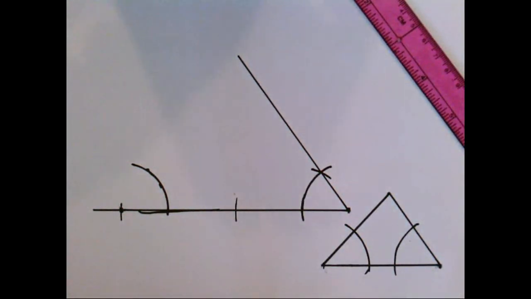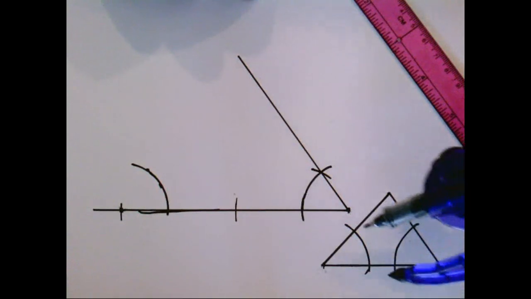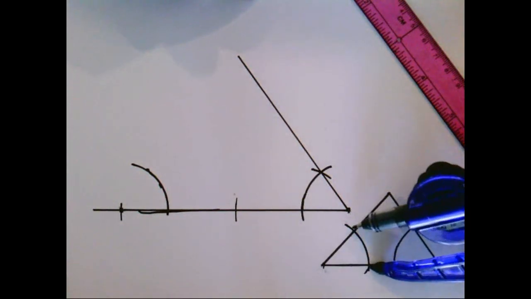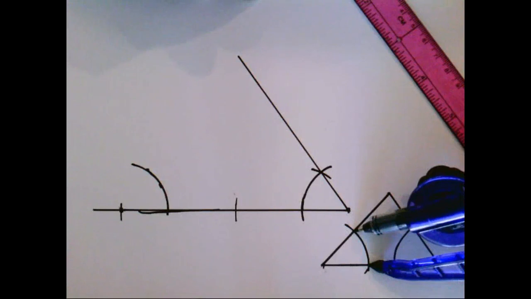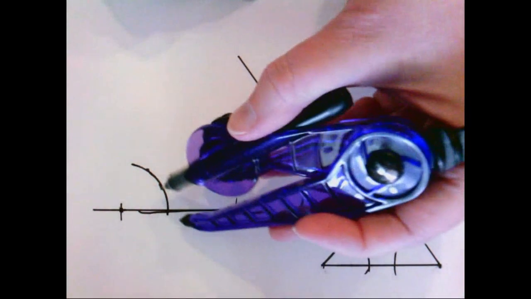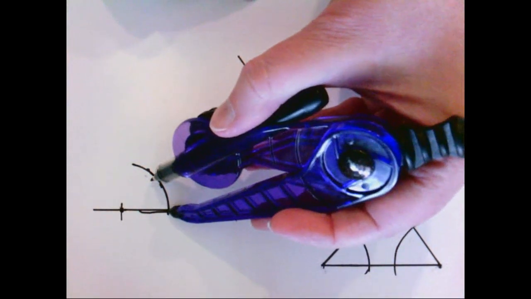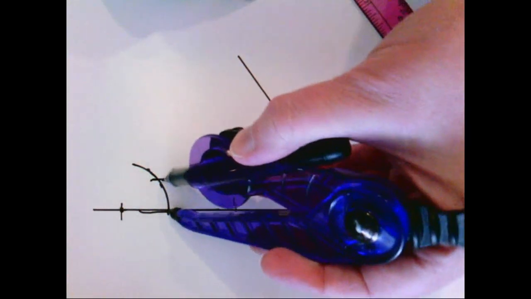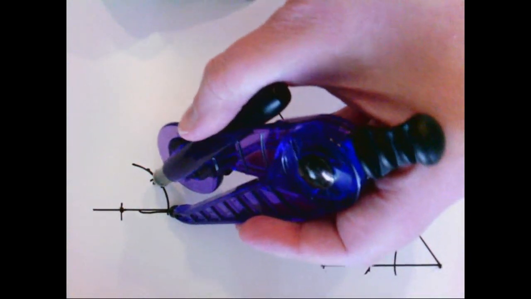Now I'll come back over here to this arc and I will measure its size. It's about that long. And I want that same distance from here to here. So I'll make an arc. That is a bad looking arc. Let me try again.